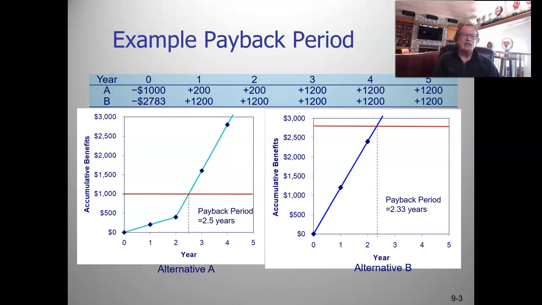And so this is a decent measure, basically 2 years and 4 months, or this one's 2 years and 6 months. Not significantly different, but if this was your sole criteria, you would pick alternative B. Maybe it's a better project on an internal rate of return or present worth basis. Maybe it's not.